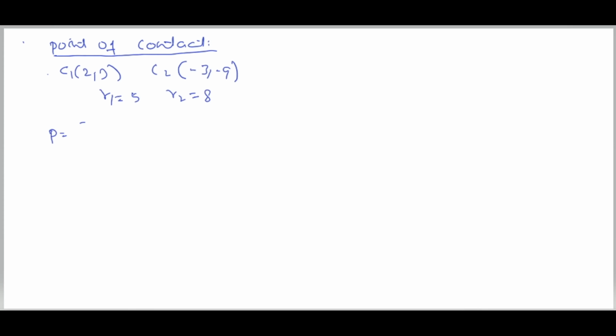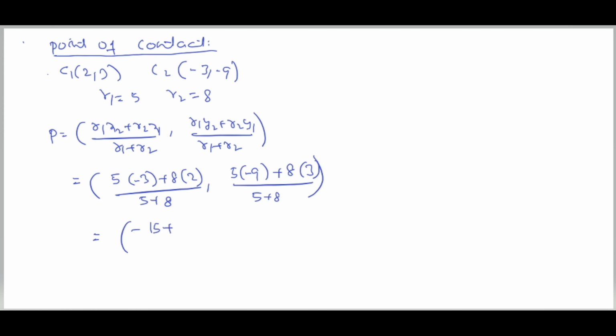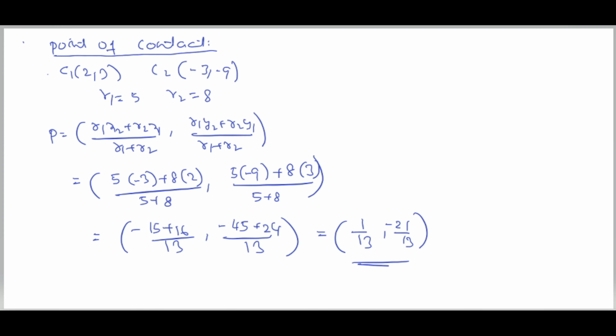So point of contact P is equal to R1 x2 plus R2 x1 by R1 plus R2 comma R1 y2 plus R2 y1 by R1 plus R2, that is 5 into minus 3 plus 8 into 2 by 5 plus 8, 5 into minus 9 plus 8 into 3 by 5 plus 8, that is minus 15 plus 16 by 13, minus 45 plus 24 by 13, that is 1 by 13, minus 45 plus 24, that is minus 21 by 13. This is the point of contact of the given circles.